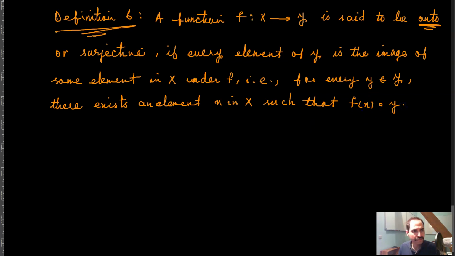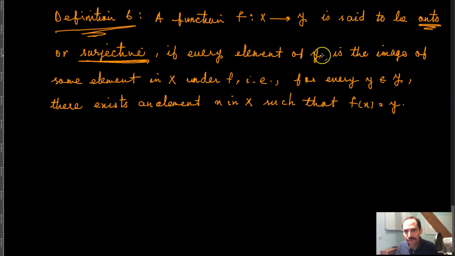Okay, so we said that in definition number 6, the function f from X to Y is said to be onto or surjective. These names we need to learn, of course.